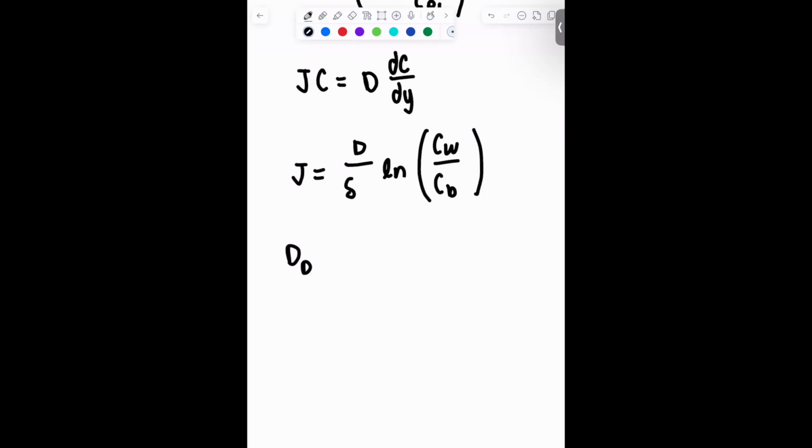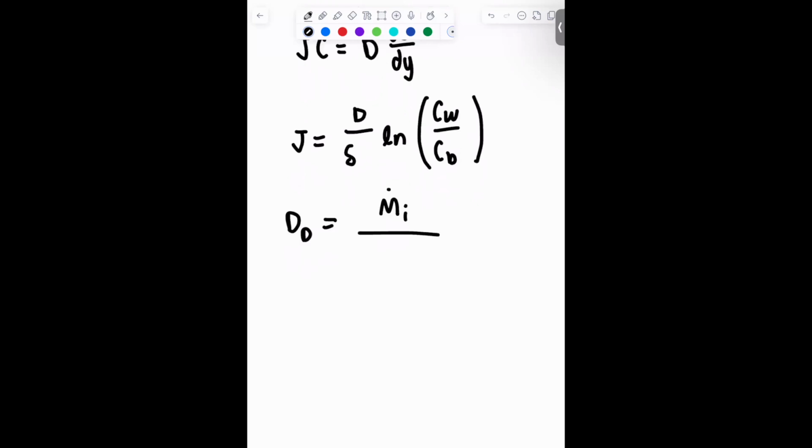So that equals M dot, the mass transfer rate, over CBI minus CD. So CBI is the concentration at the blood inlet, and CD is the concentration of the dialysis inlet.